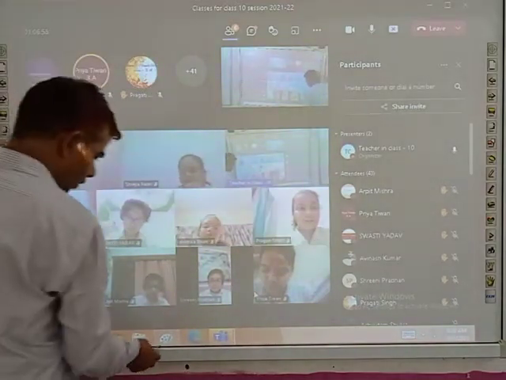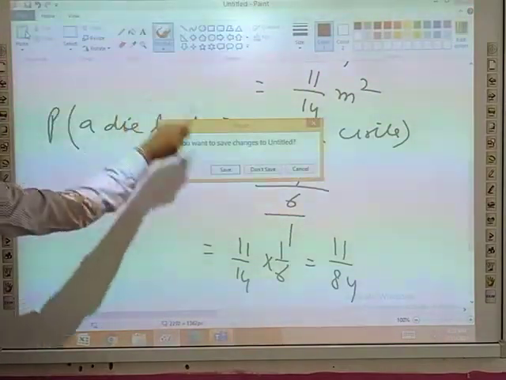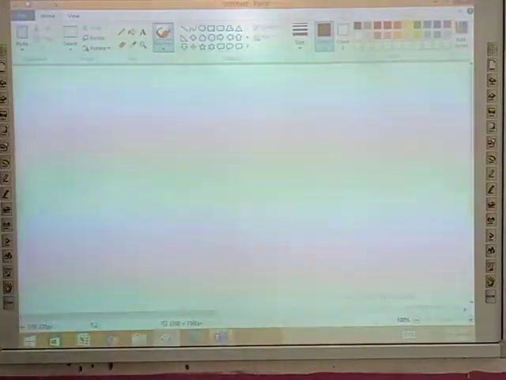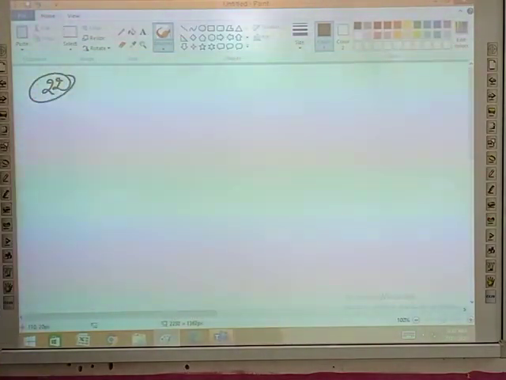Now question number 22. Refer to example 30.1. Complete the following table: event, sum on 2 dice, probability.